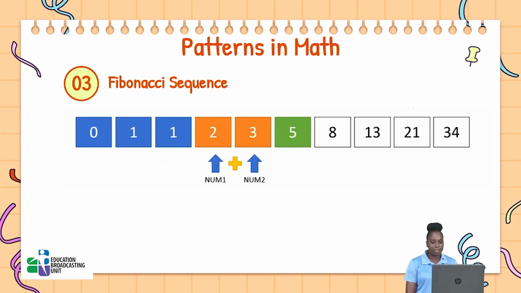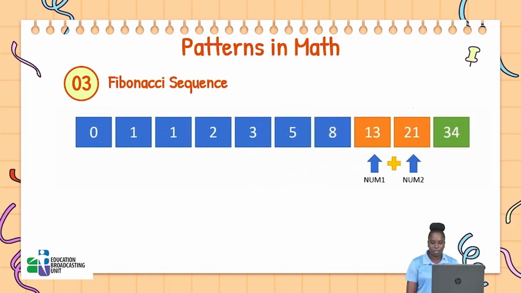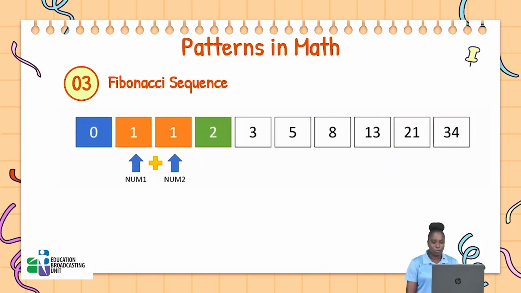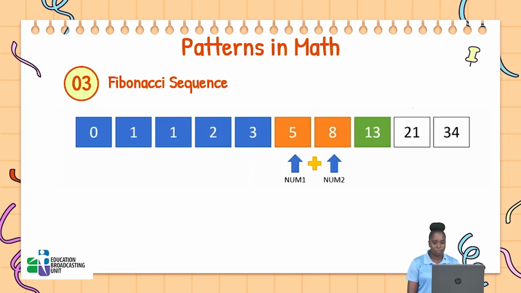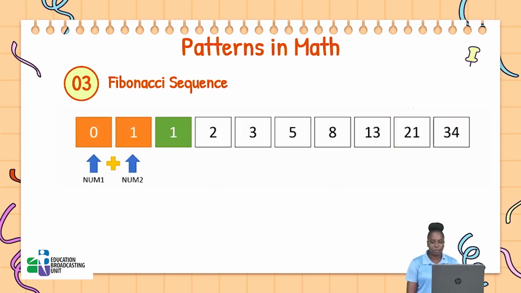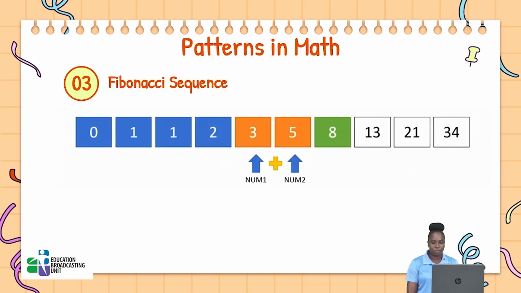Here we can see the pattern that is followed is 0 plus 1 equals 1, 1 plus 1 equals 2, 1 plus 2 equals 3, 2 plus 3 equals 5, and 3 plus 5 equals 8. And of course, it keeps going.